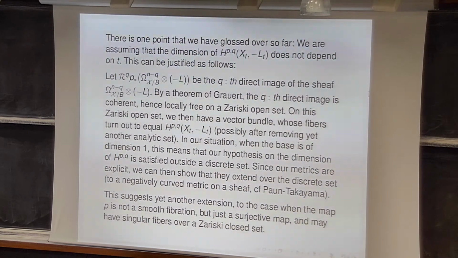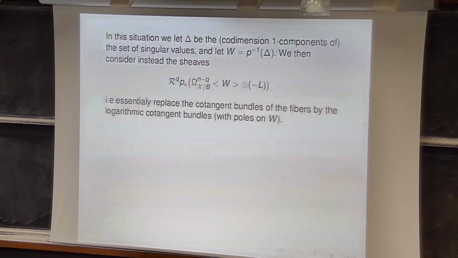Outside this analytic set, the previous picture applies. Now the question is if the metrics extend over the bad set. So we look at the bad set in the base. It's called delta, essentially, and W is the inverse image of that.